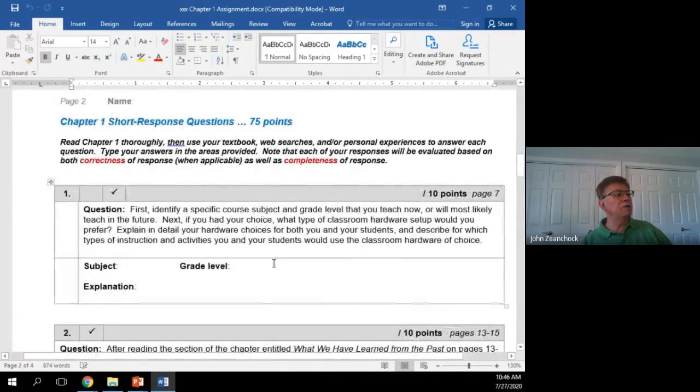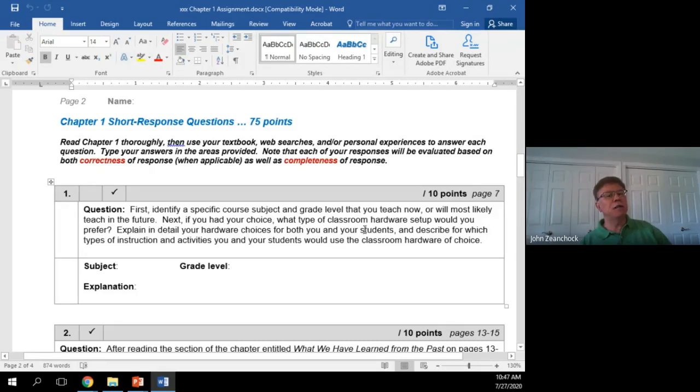And then I start into, okay, here's a question. I give them instructions. First, identify a specific course subject and grade level that you teach now. Remember, these are pre-service teachers, or I'm sorry, mostly already certified teachers coming back for a master's degree, or will most likely teach in the future. That would be for pre-service teachers.